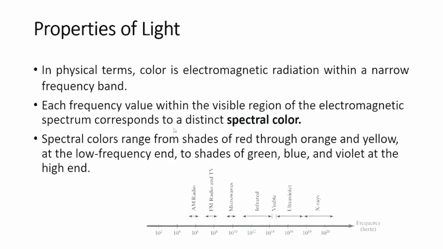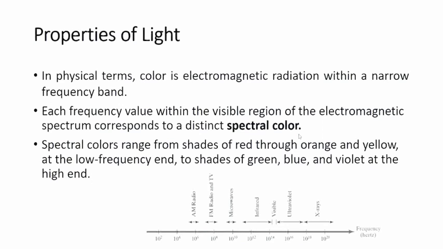In the visible spectrum, the highest frequency is the violet color, and the lowest frequency is the red color. So if we travel from the higher frequency, violet, to the lower frequency, we get to see the colors of VIBGYR.